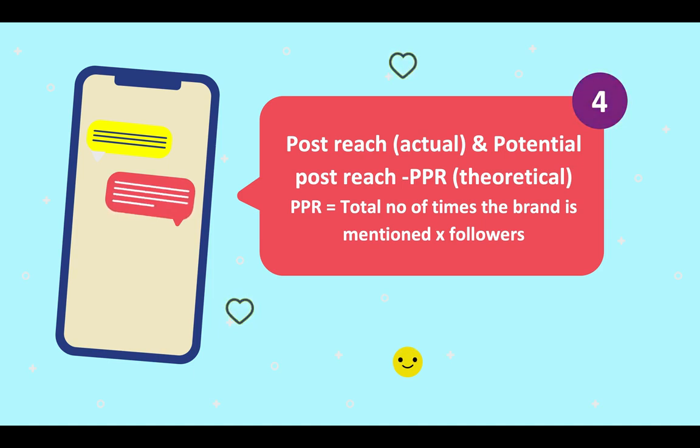This is based on the total number of times your brand is mentioned multiplied by the people who follow you. It's kind of a market estimate of your social presence that you can aim for. Lower post reaches are a sign of lack of interest in the content posted and require immediate attention.